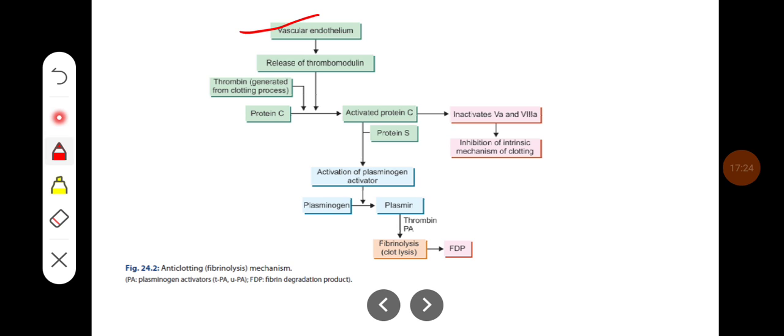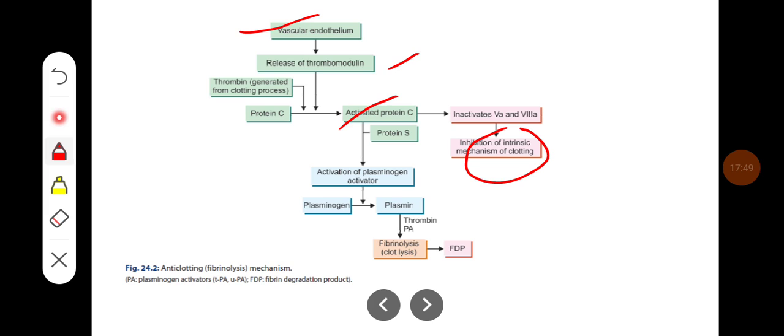The vascular endothelium releases thrombomodulin, and with thrombin it forms a complex and converts protein C into activated protein C, which is an inhibitor of factors 5 and 8. That in turn inhibits the intrinsic mechanism of coagulation.